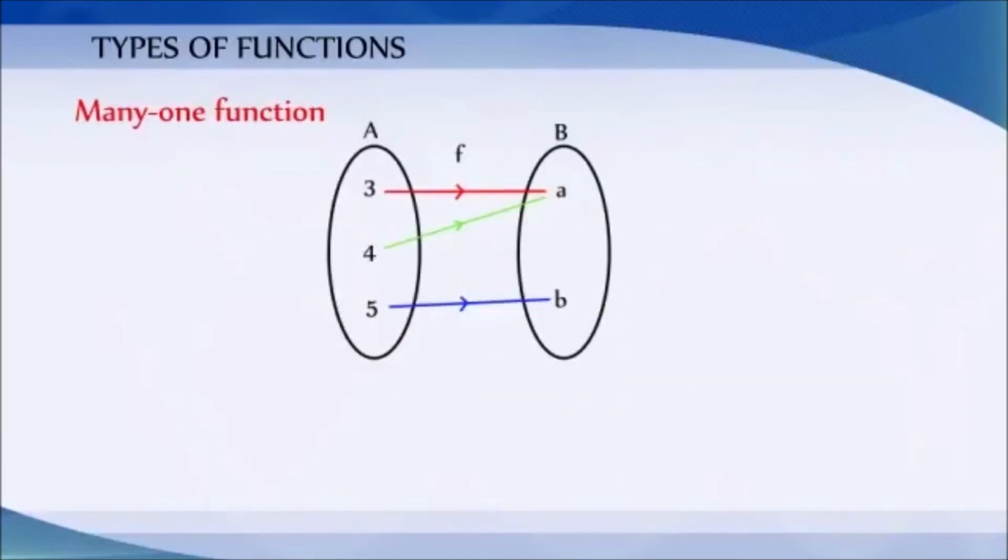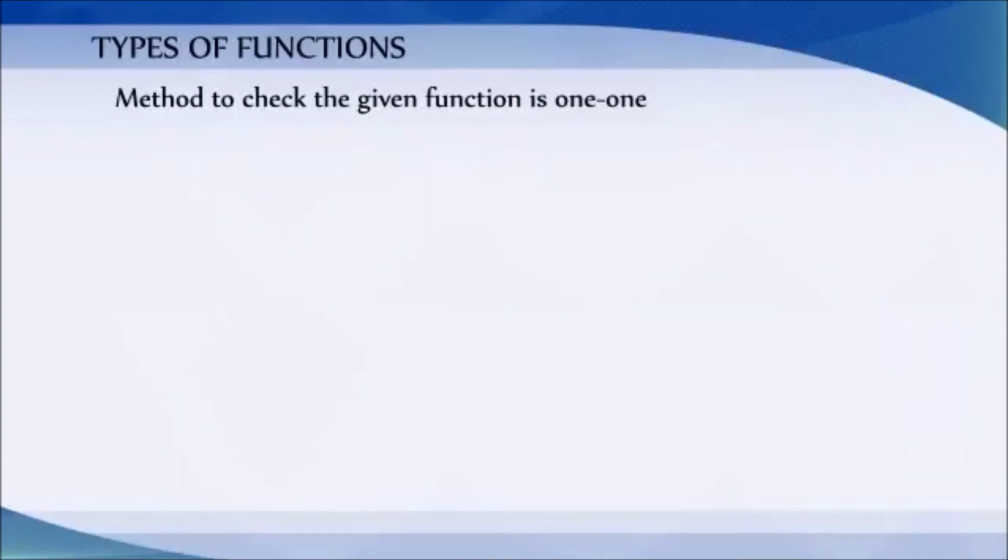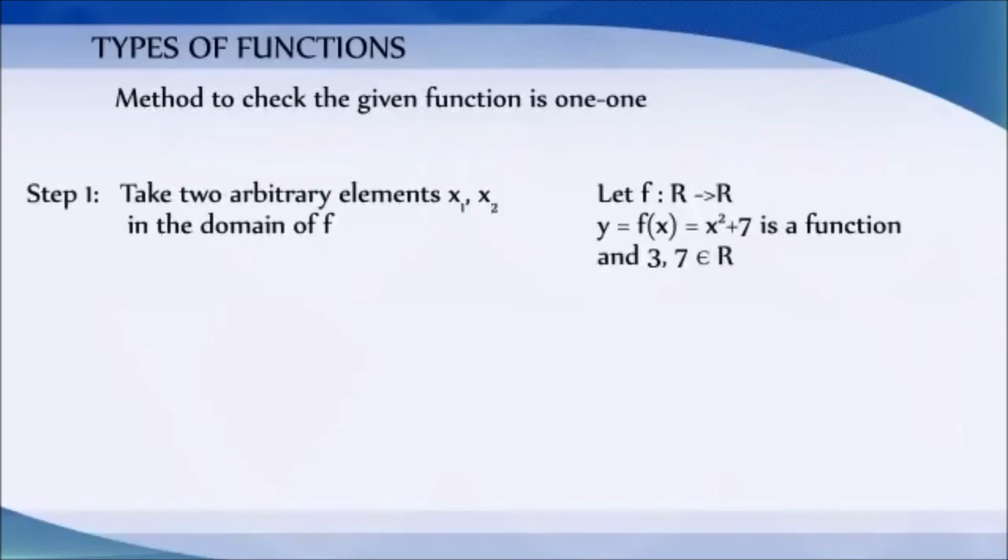In this example, the elements 3 and 4 of set A have the same image a in set B. Therefore, this function is not one-to-one. This is a many-to-one function. How can we check whether the given function is one-to-one or not? Take two arbitrary elements x1, x2 in the domain of the function f.